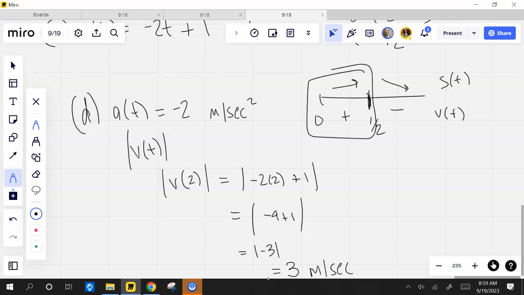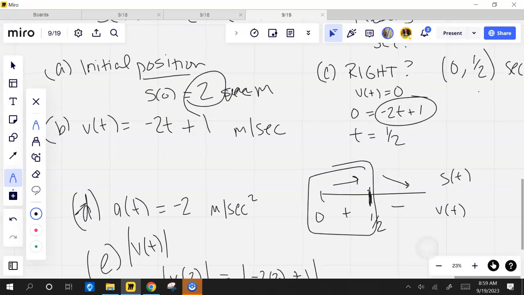Yes. Oh, that was an E, sorry. Because it asked me the speed of the particle at the moment when S of t. Oh, no, this is initial. That's right.